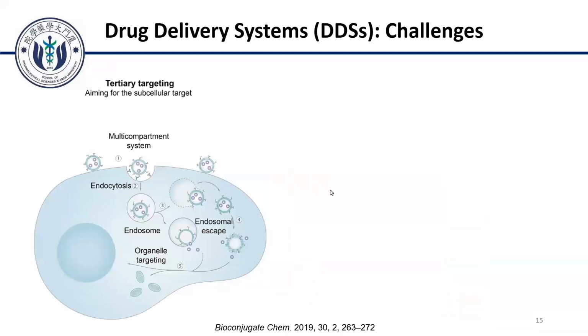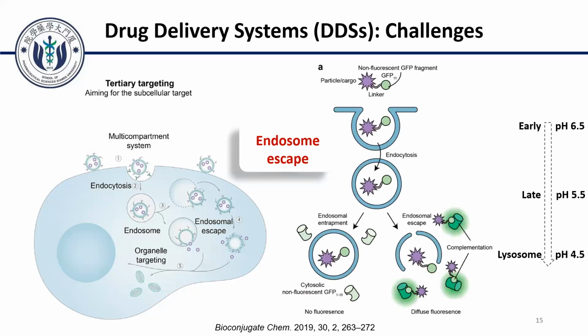Okay, so after they are taken up by the cell by endocytosis, what is important here is endosome escape. Nanoparticles or nanodrugs now need to escape from the endosome to reach the target organelle. However, endosome escape is one of the challenges, right? Many drugs, especially protein-type drugs, are easily trapped inside the endosome.